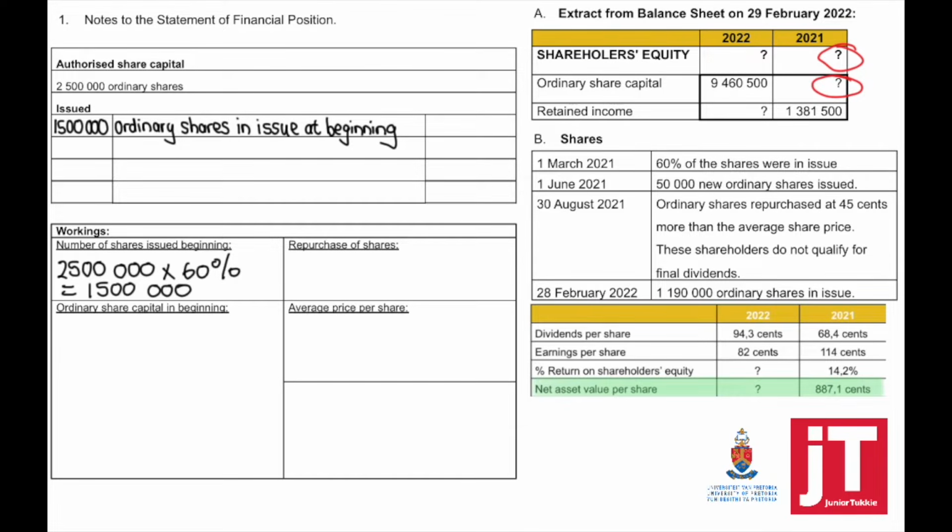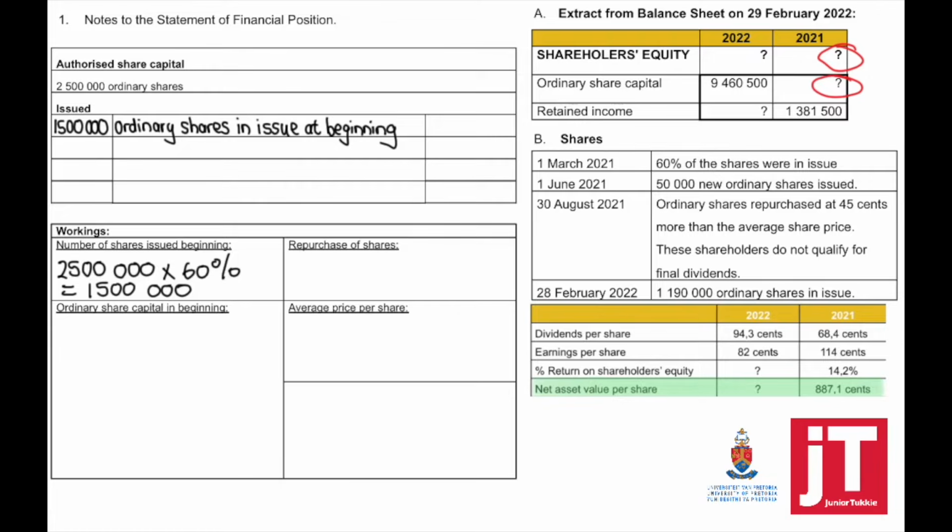So how can I solve this? If we look at 2021, the net asset value per share was given to you. To calculate the net asset value per share, we have to take our shareholders' equity divided by the number of shares in issue. So I want to calculate the shareholders' equity.